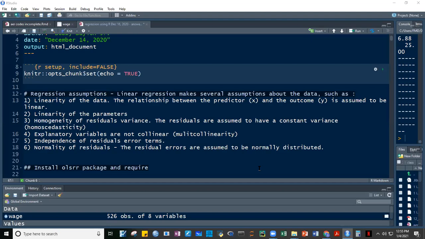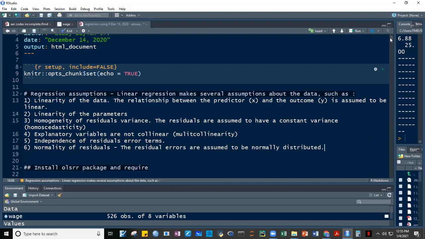Makikita natin yan, guys, especially kung time series. And then residuals should also be normally distributed. Lalo na to, guys, kung maliit yung sample size natin. Pero pag malaki yung sample size, pwede na natin medyo i-ignore yung normality of residuals na yan.